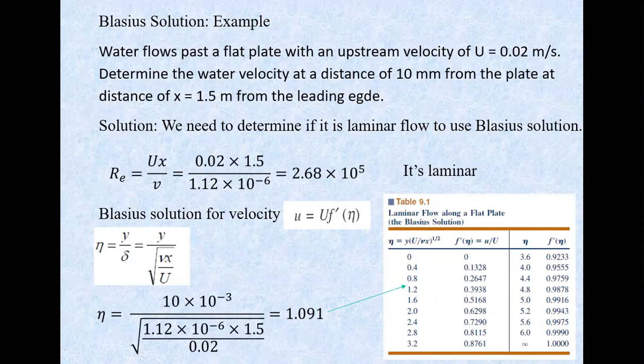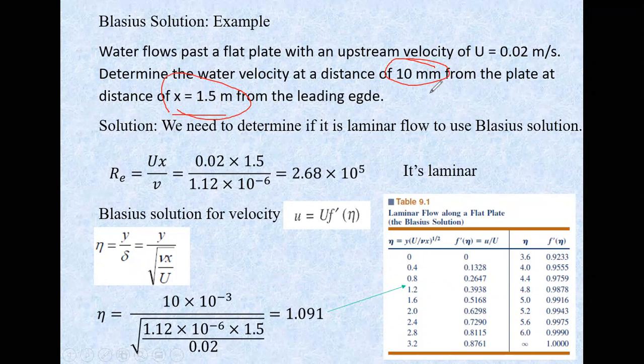If you have water flowing past a flat plate with an upstream velocity as given over here, we are required to find the velocity at 10 millimeters from the plate, at a distance of x equal to 1.5 meters from the leading edge. We should assume that it is still inside the boundary layer, because otherwise we won't be able to use the Blasius solution, as it applies in the boundary layer.